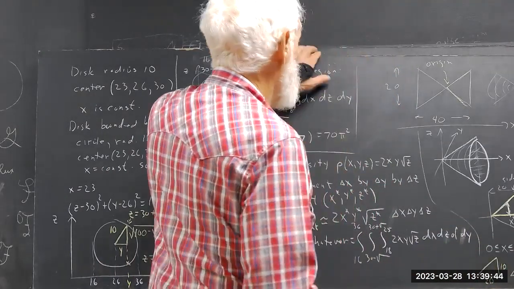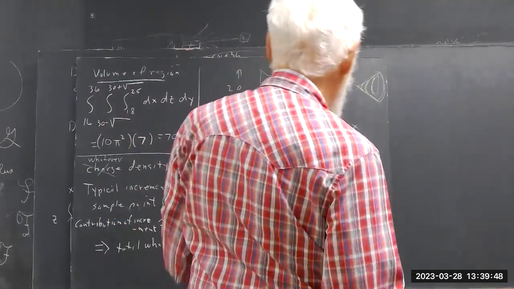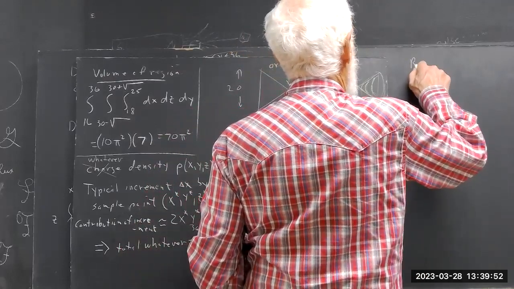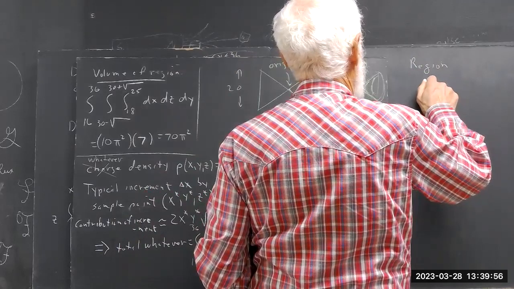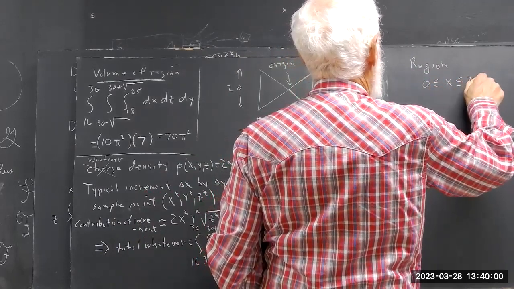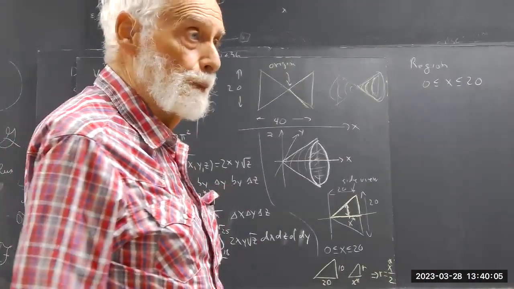So, well, that's what I've got. My region now is 0 less than or equal to X, less than or equal to 20.